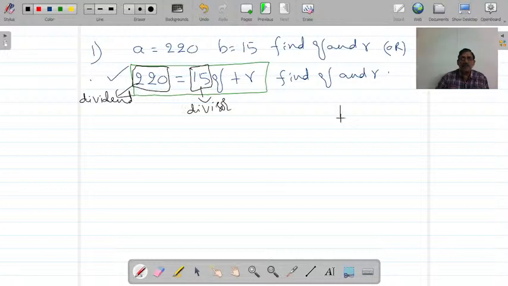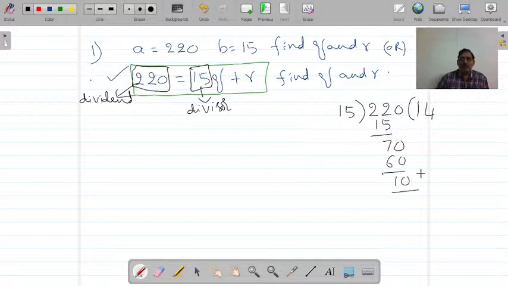Okay, so simply you take this and divide. We know that 1 15 is 15, 7 70, 4 15s are 60, 10. So this is remainder, this is quotient. So you can say Q is equal to 14 and R is equal to 10.